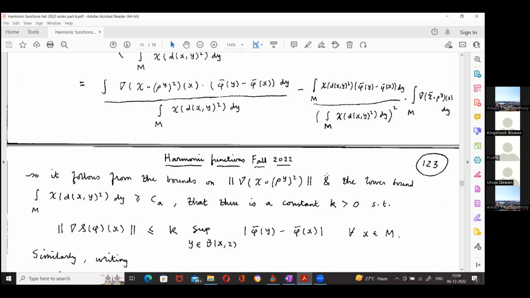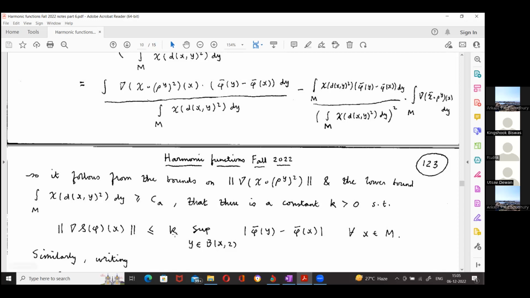Finally, the norm of the gradient of S phi at x is less than a constant times these integrals, which are over the ball of radius 2 around x, because chi composed with rho y is supported inside the ball of radius square root 2. So these integrals are over at most the ball of radius 2.